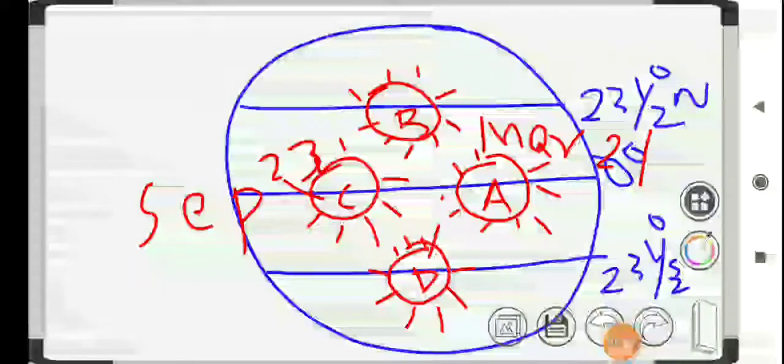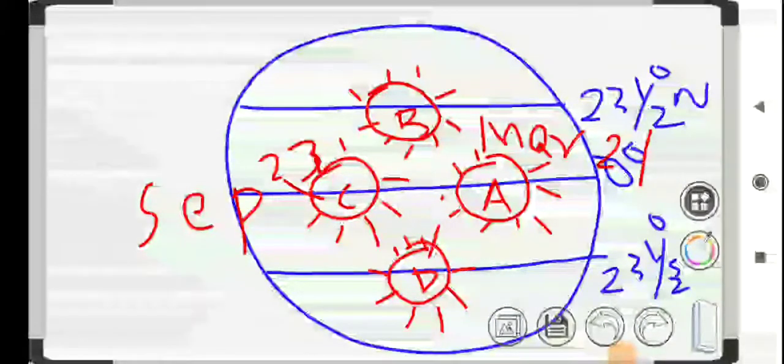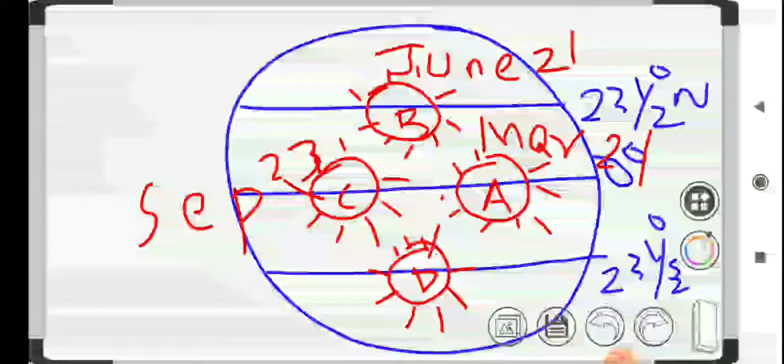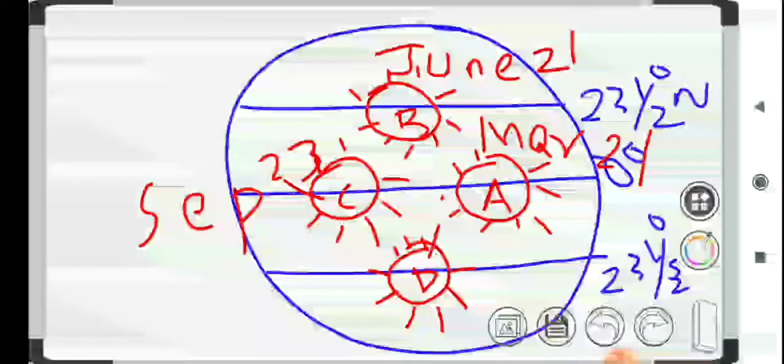When the sun is above the Tropic of Cancer, that is, on June 21, what happens? There will be longest day and shortest night in the northern hemisphere. That day is called summer solstice. And what about D?